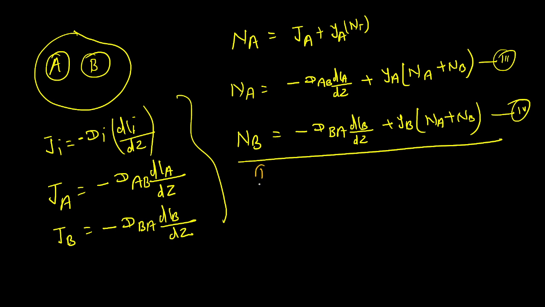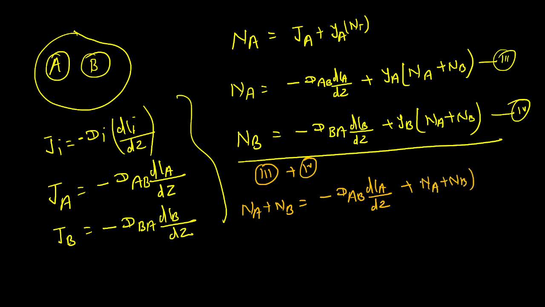If I add equation third and equation fourth, you will get Na plus Nb, that is equal to minus DAB dCA by dz plus, if we add this term, it will give you Na plus Nb.